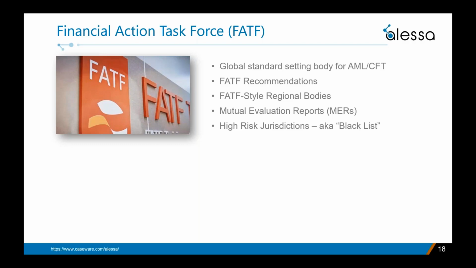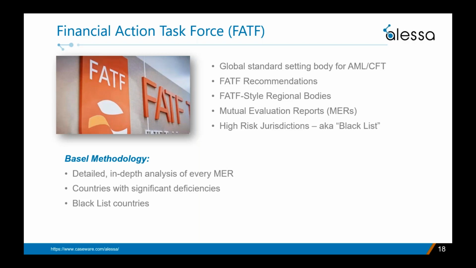By calling out these countries, FATF urges all jurisdictions to apply enhanced due diligence and, in the most serious cases, countermeasures to protect the international financial system from the risks these countries present. This list is often referred to as the FATF blacklist, and currently North Korea and Iran are the only two countries on it. So how does FATF data fit into a country risk scoring model?